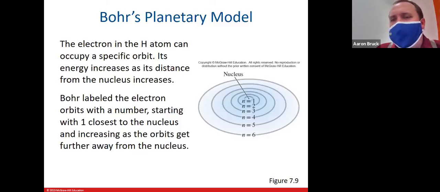Now, of the models of the atom, this is one of the ones that you've probably seen before, the planetary model of the atom. You've got the nucleus in the middle. You've got these electrons circling the nucleus in these planetary rings, kind of like the rings of Saturn, or what you think about our solar system looking like with that sun in the middle and those 8 planets circling it in those orbits.